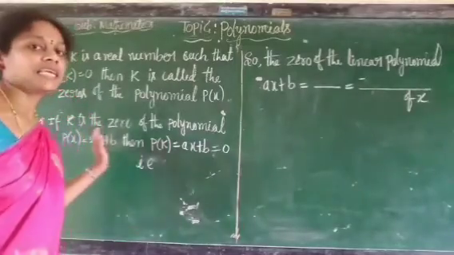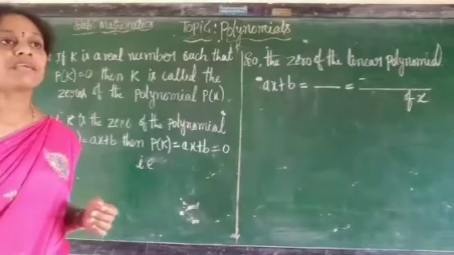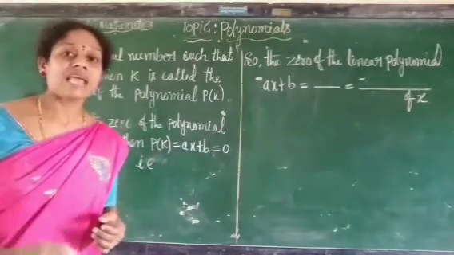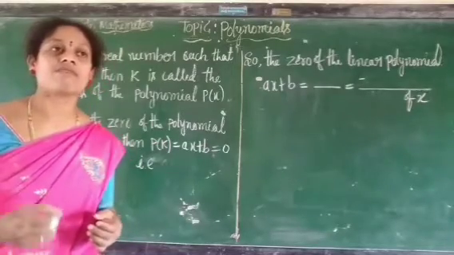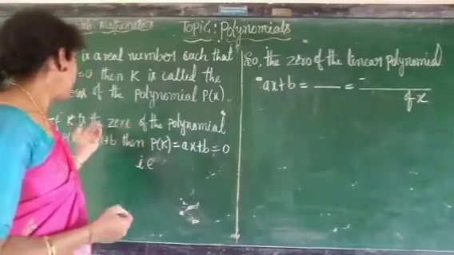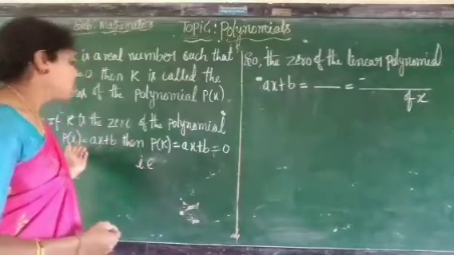If k is a real number such that p of k is equal to 0, then k is called the zero of the polynomial p of x.